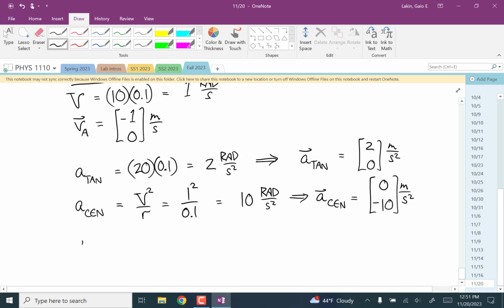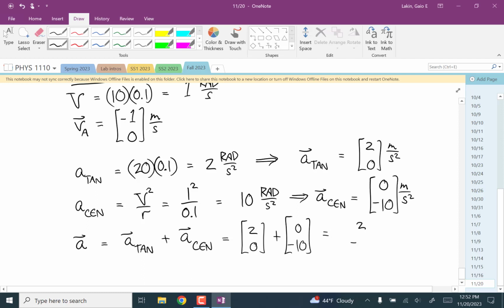Now it's just a matter of adding those two together. The total acceleration is the tangential plus the centripetal. So that's 2, 0, plus 0, negative 10. So 2, negative 10 meters per second squared.